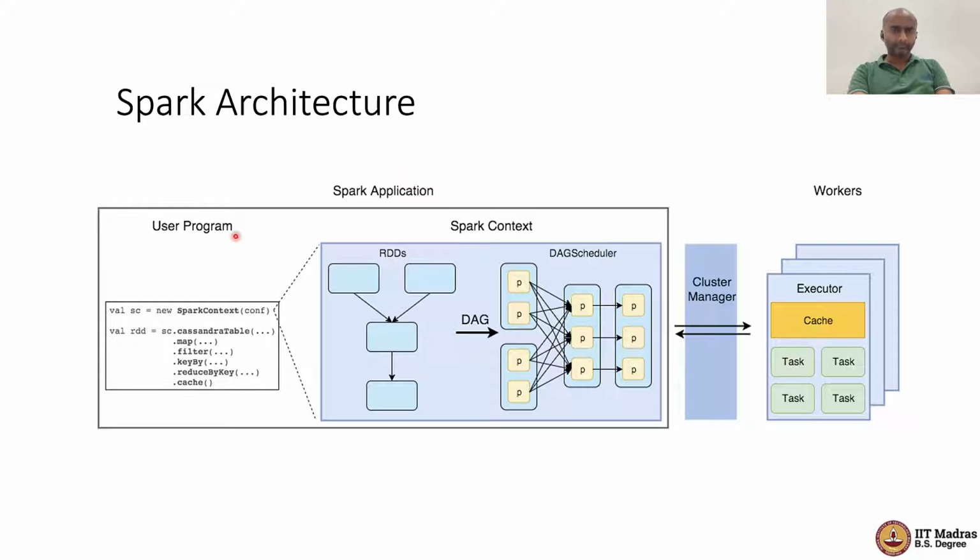So the user program that is there in the Spark application refers firstly to what is called the Spark context. The Spark context itself is a reference to the Spark cluster, and when this context is executed for the first time by the running of the Spark application, at that time the context will have reference to the cluster resources which are necessary for it to run.